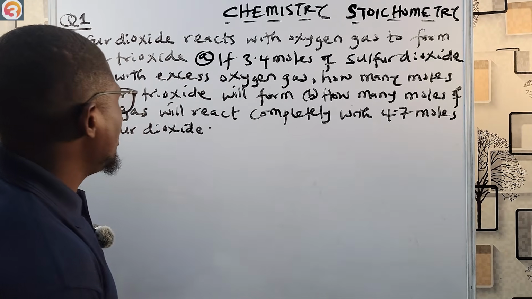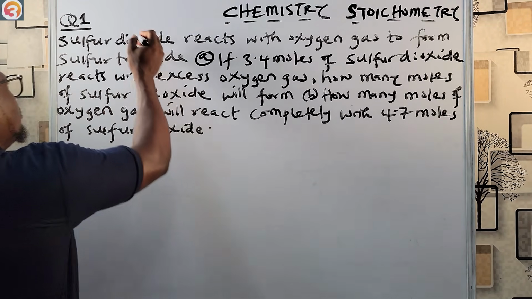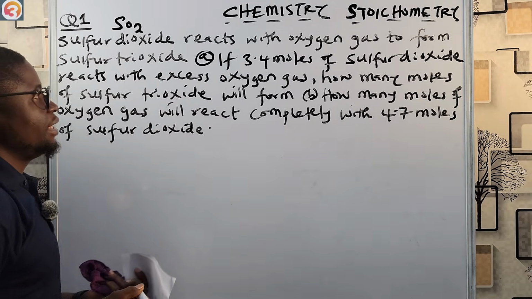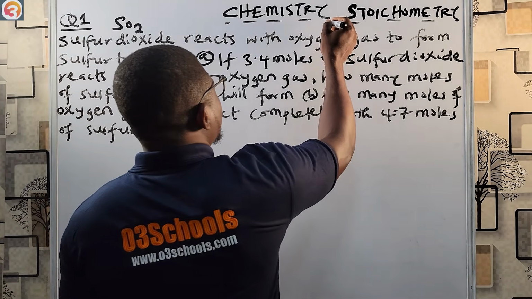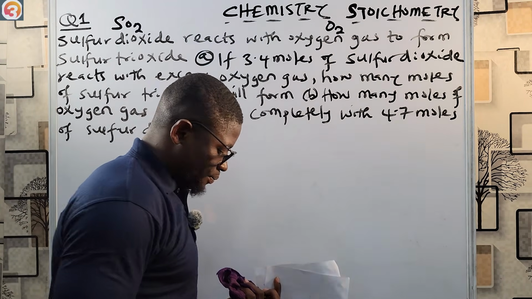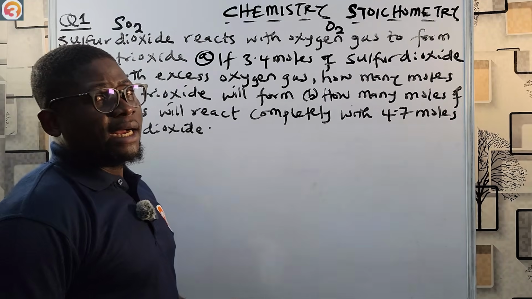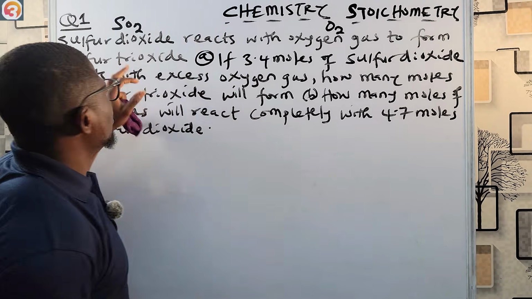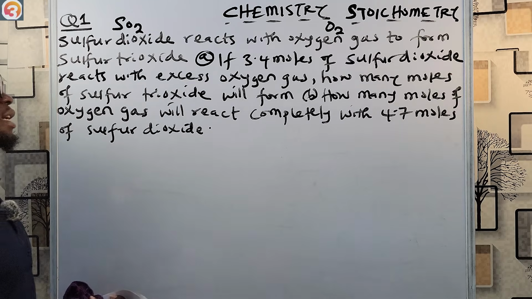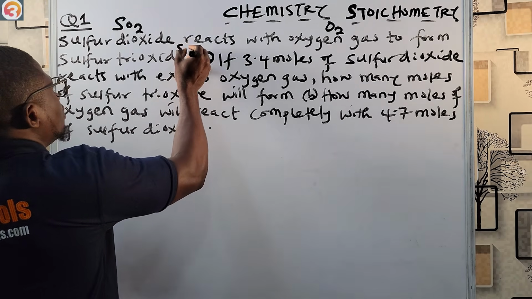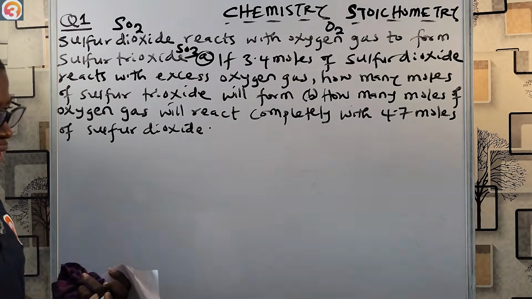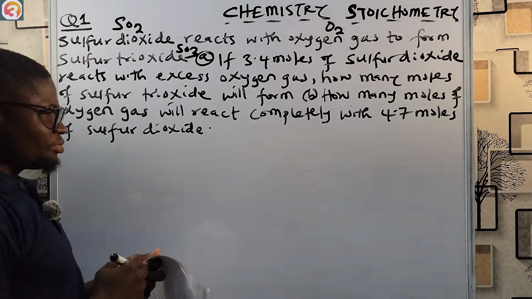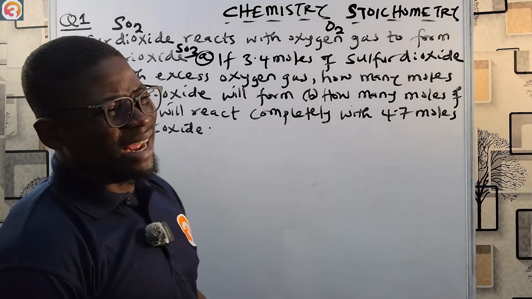Some of you say, why is there no P here? This spelling is also very correct. So sulfur dioxide, which is SO2, reacts with oxygen gas. Oxygen is a diatomic element, to form sulfur trioxide. You know sulfur trioxide, right? Not SO4, but SO3, sulfur trioxide. So we first need to get our reaction out of the way.